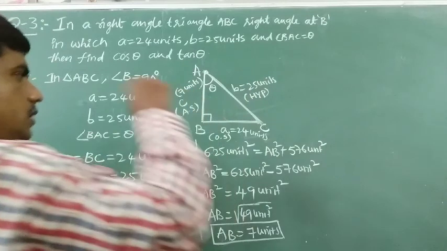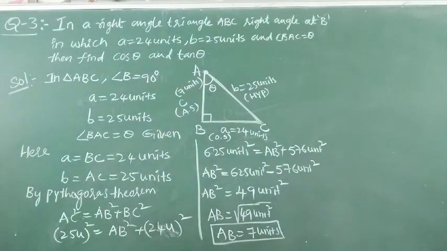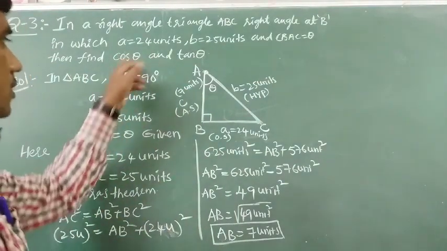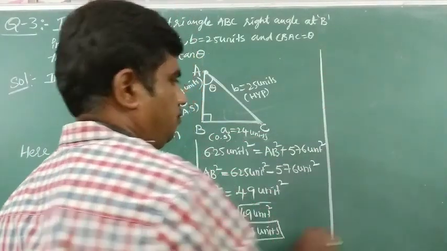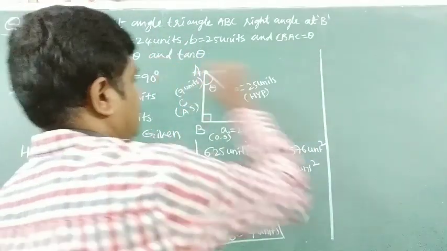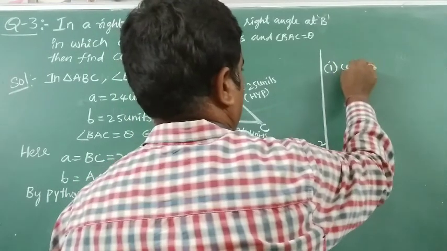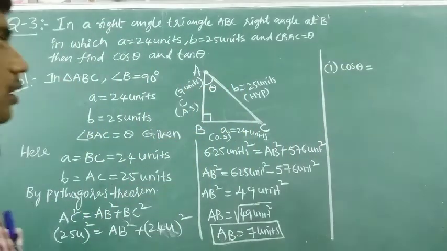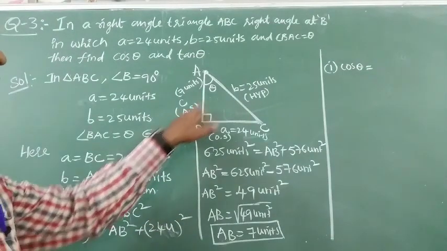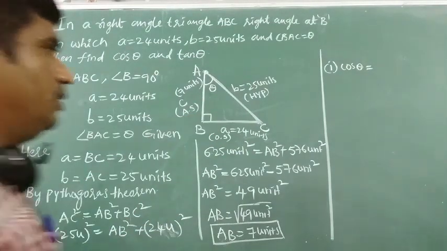Now we know three sides of the right angle triangle, so we can find cos theta and tan theta value. First one is cos theta. The ratio between adjacent side and hypotenuse is called cos theta.